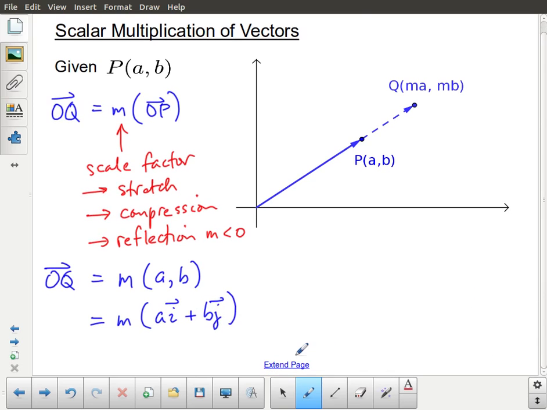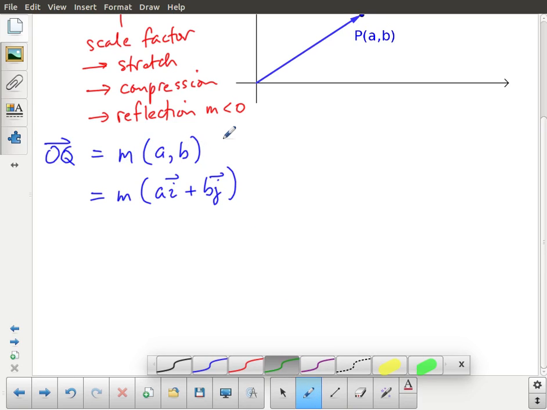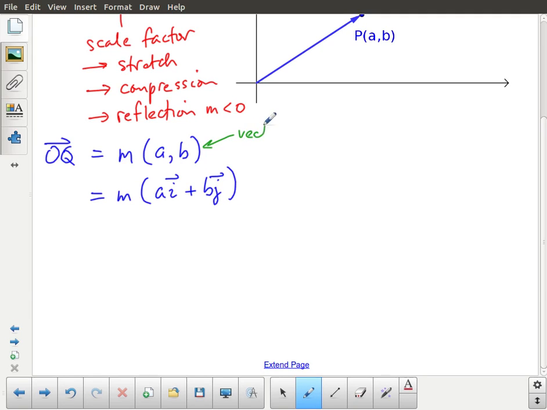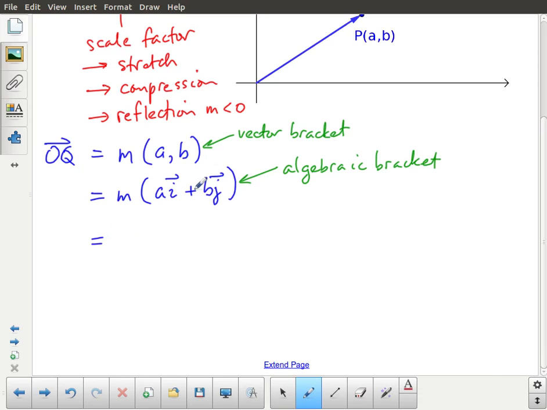Now please keep in mind, you could have done this, you could just go ahead and multiply this in. You just have to be careful. Again, here we have a vector bracket, and here we have an algebraic bracket. And even though the results are the same, mentally it's important to recognize the difference, because when you multiply this m into this bracket, it's not the same operation as we're going to do right now.